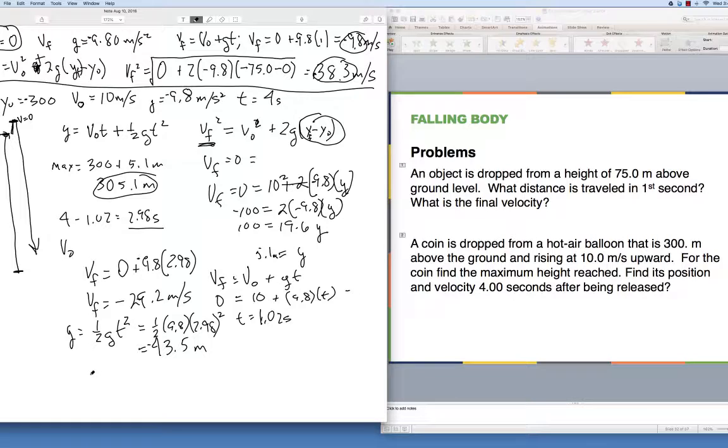So the position goes from 305.1 and subtract 43.5. So it's 261.6 meters above the ground. So that's the new position after 4 seconds.